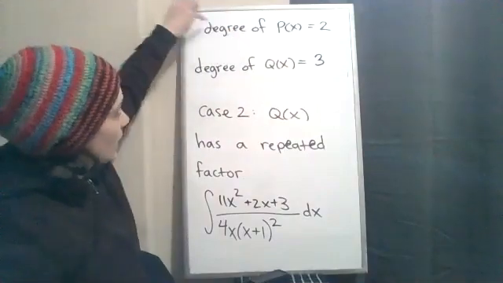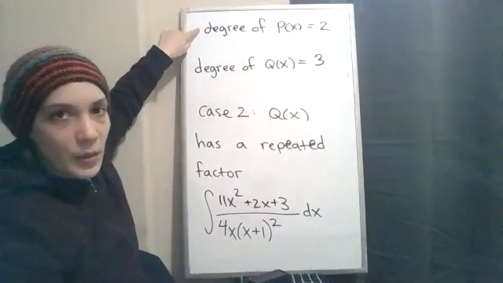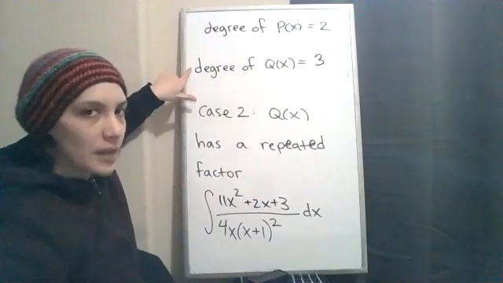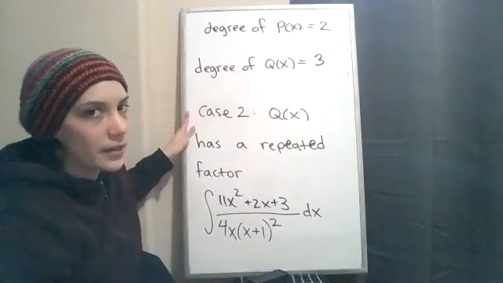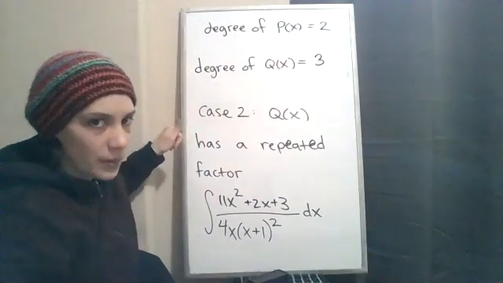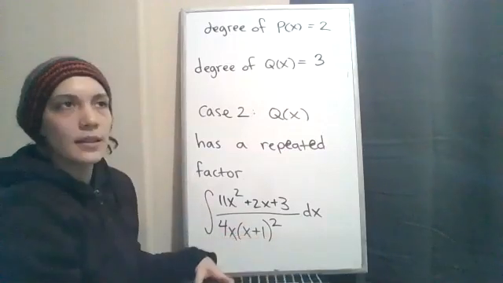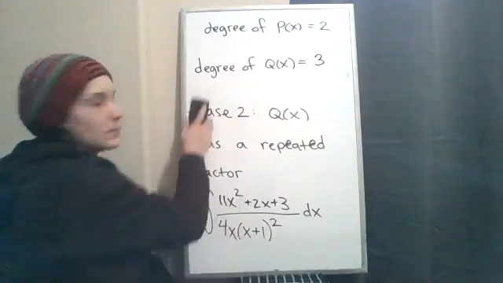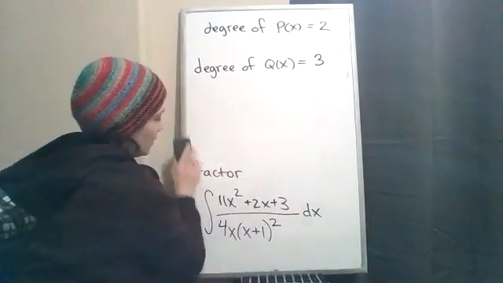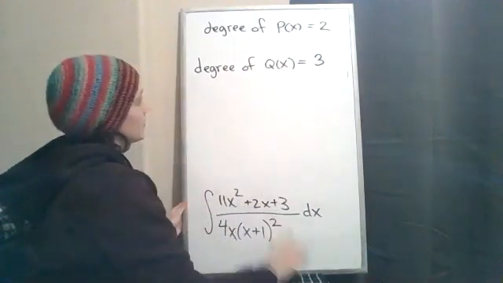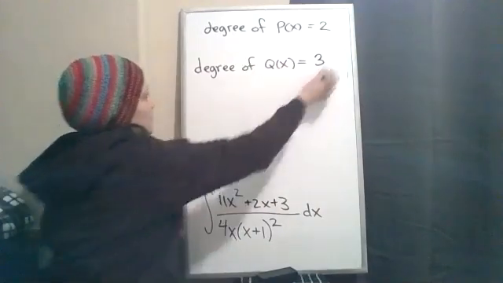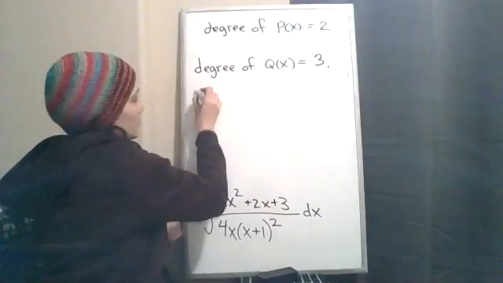So when the degree of the numerator is less than the degree of the denominator, we will not try long division. But if it's the other way around, try long division. We'll see if we get to something like that later. I put down no long division.